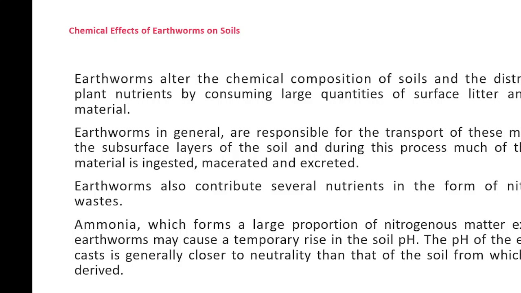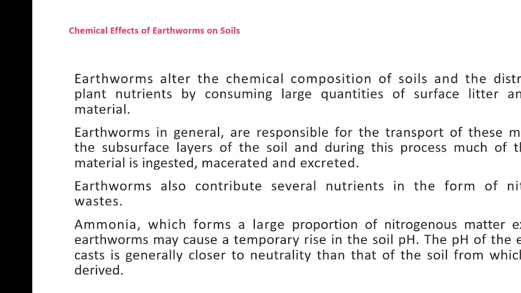You might have studied about NPK value. NPK are three important minerals needed by the plants for their fast growth. So these elements, nitrogen, phosphorus and potassium, are very useful for plant growth, and earthworm cast will contain a lot of these minerals.